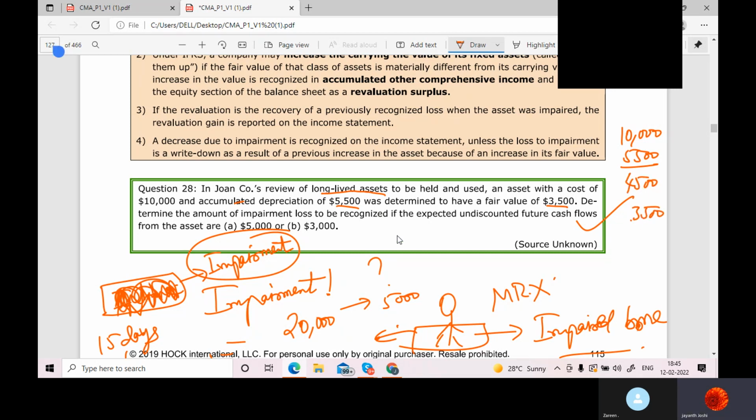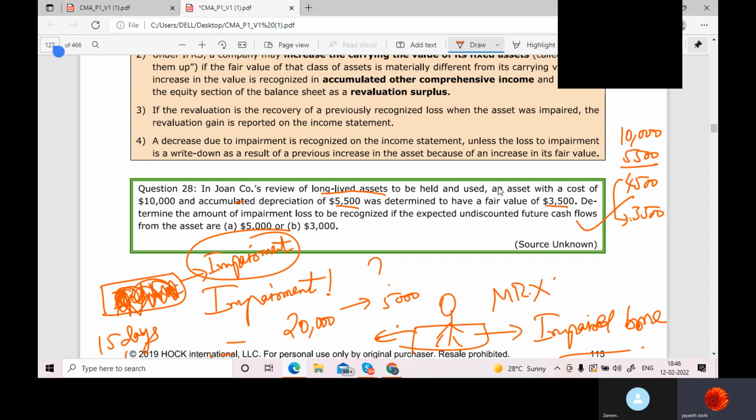We easily understand that the value has gone down, but we cannot directly say that. We have to find out the impairment loss. For that, there are two tests. First is the recoverability test, and the second is the calculation of impairment loss.